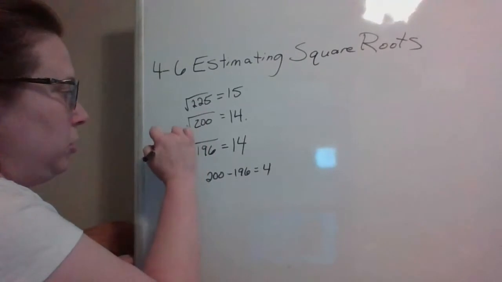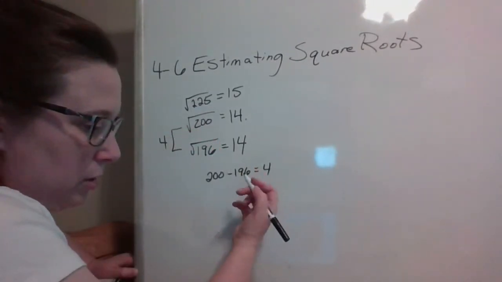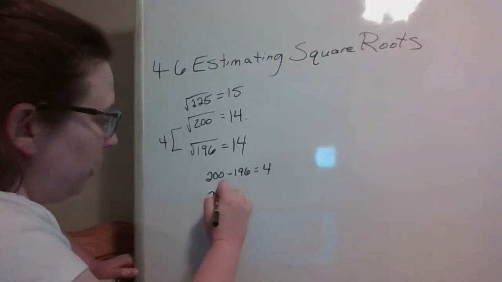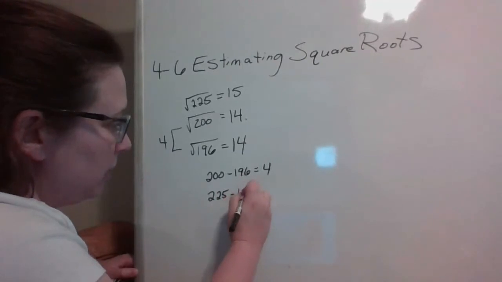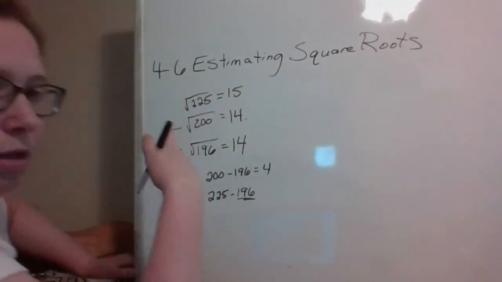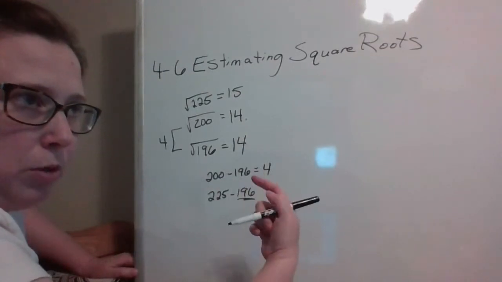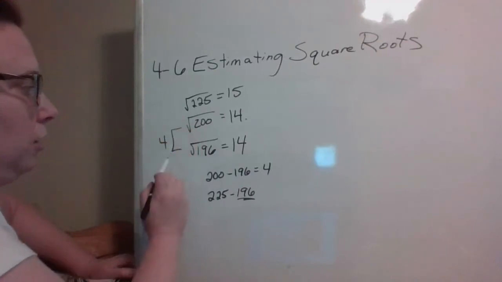Okay, so that's similar to what we were doing before. The next step here, though, is to take 225, our larger perfect square, minus our smaller perfect square. This is different because in the previous examples when we were going to the nearest tenth, we were just figuring out the difference here.